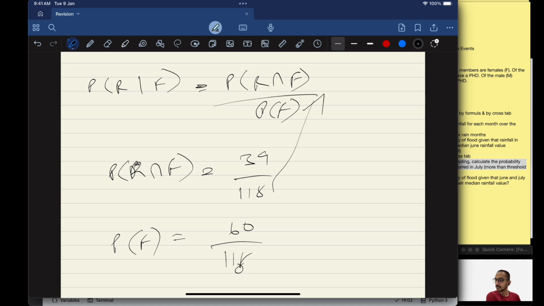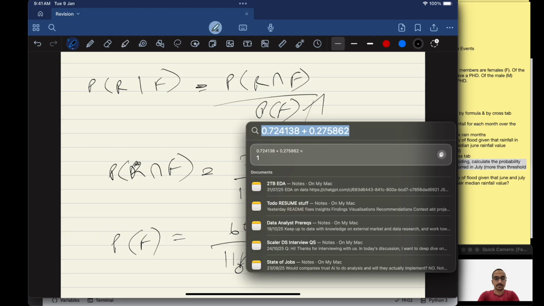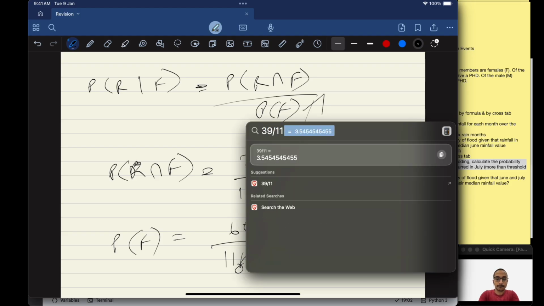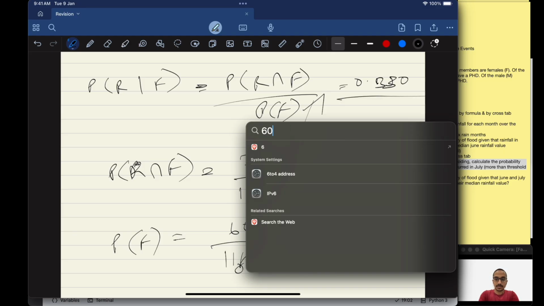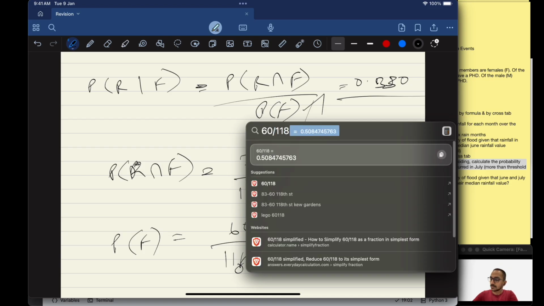Give me a moment. 39 over 118, which is 0.330 over 60 over 118 is 0.508.